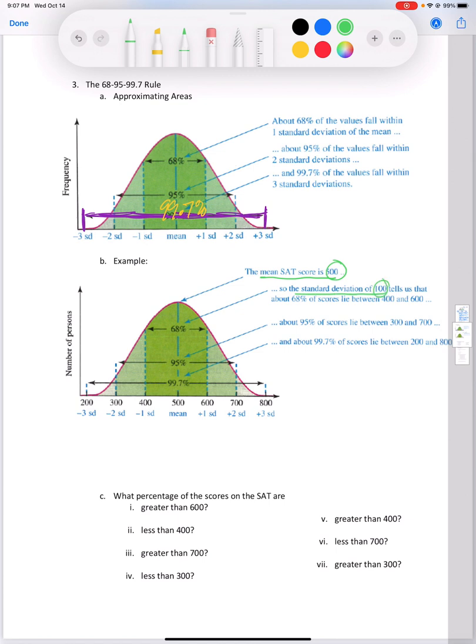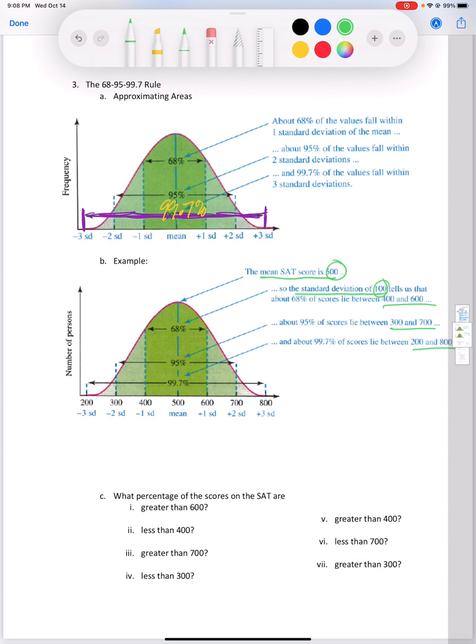So when we take a look at the data, we can say that 68% lie between 400 and 600. So most people get 400 to 600 on their SAT score. 95% lie between 300 and 700, and nearly everybody, the range for nearly every score on the SAT is 200 to 800. 800, I think, is the max.